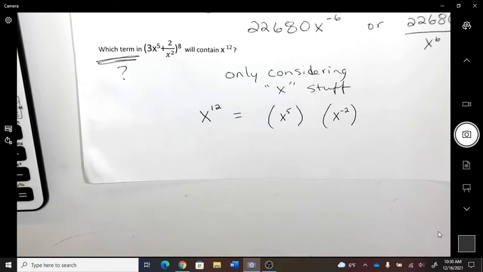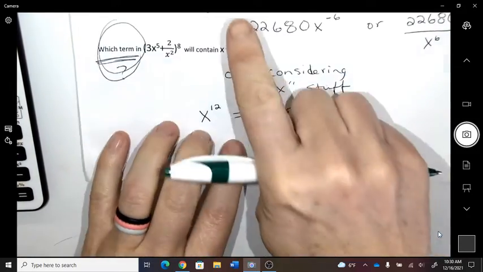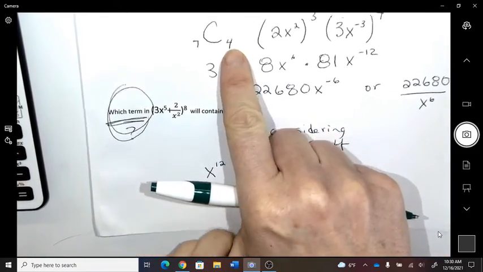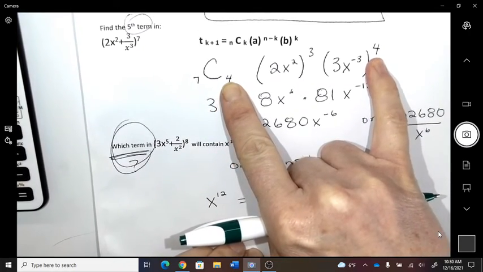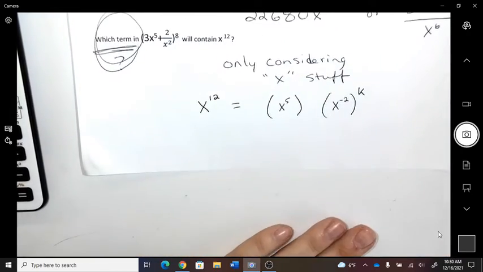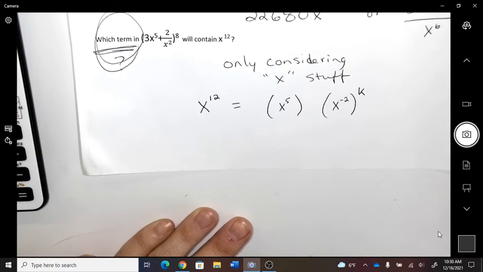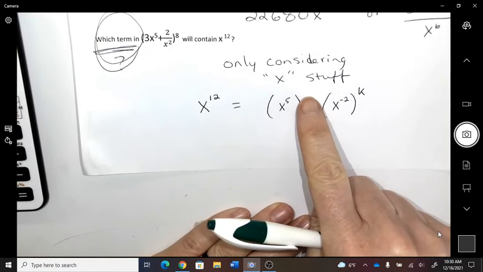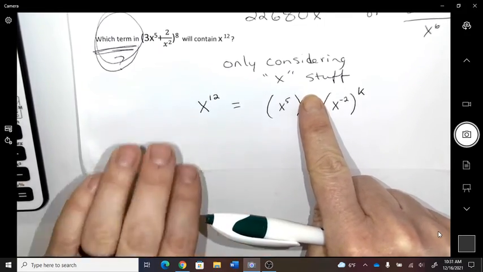Okay, I don't know which term, therefore I don't know this, which means I don't know that. I don't know that. What could I do to get this? What's this one? What do we always do to get this one?